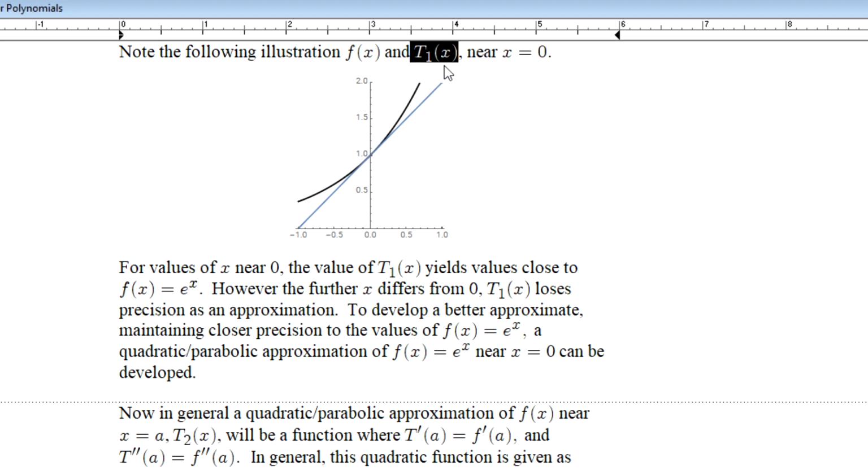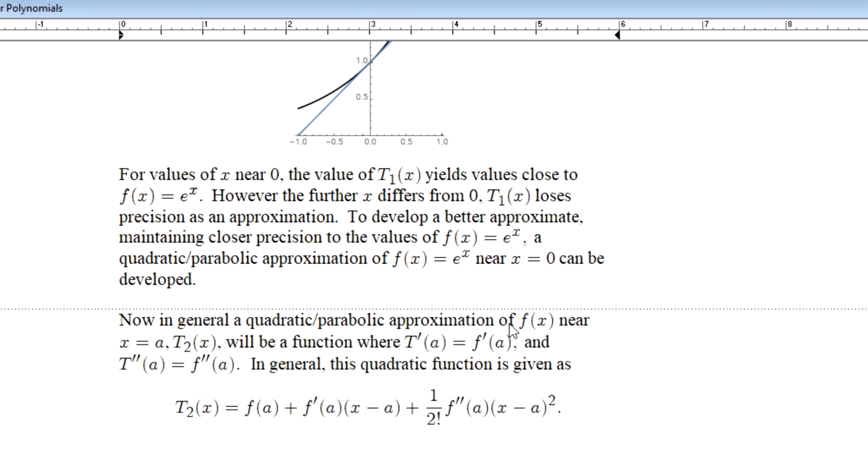What's unique about T sub 1 of x and f of x is that their first derivatives at this location on the curve or the line are both the same. Well, that's going to continue to be true in our quadratic approximation, this parabolic approximation, but we're going to also add to that this condition. This condition being that T's second derivative at the value of a, and really I should maybe point out, we're talking about T sub 2 here.